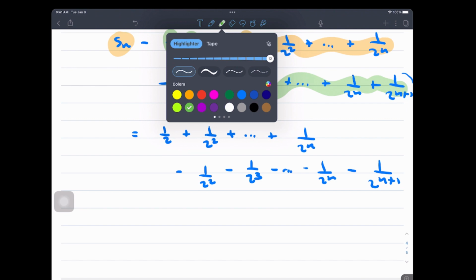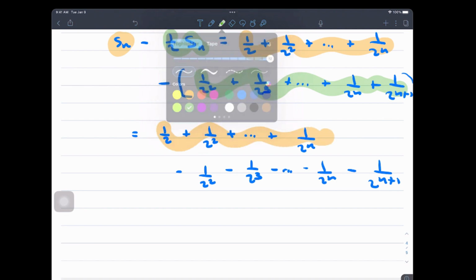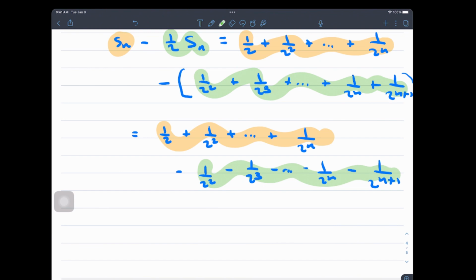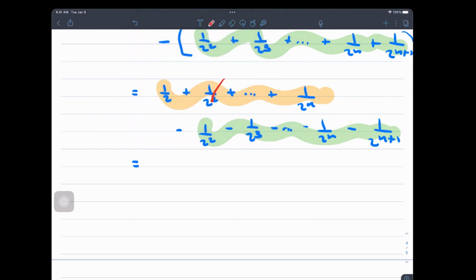So everything in orange is right here, and everything in green is right here. So what is that difference? Everything here is going to collapse. All the positives and negatives collapse. This is called collapsing.